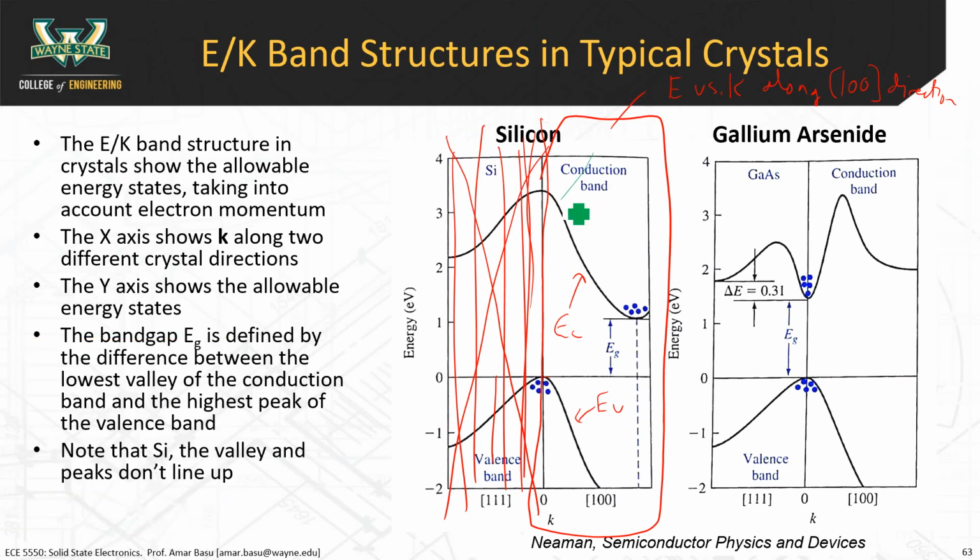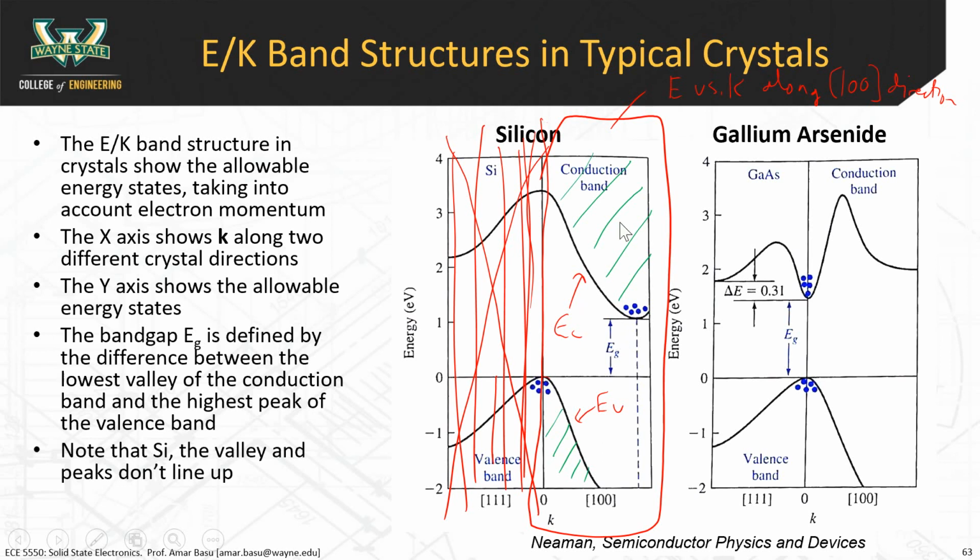All the allowable energy states are here and there. You don't have to understand why the shape is like this, but you have to understand what it means. The shape comes out of the solutions of the Schrodinger equation. As the periodicity changes, the location of the valence band and conduction band changes.